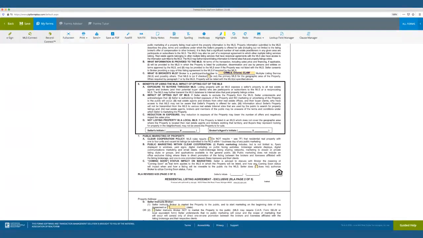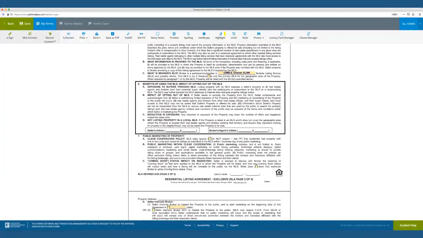So if you're in Calabasas, it's marketing outside of the Calabasas office. If it's West Side, outside the West Side office, and if it's Coastal Properties, it's outside of that office, because those are different corporations.